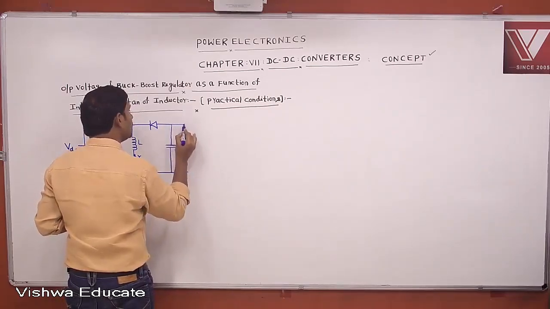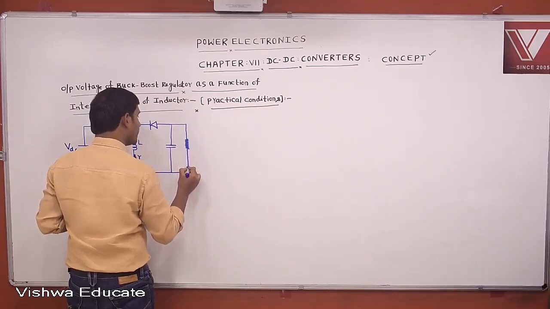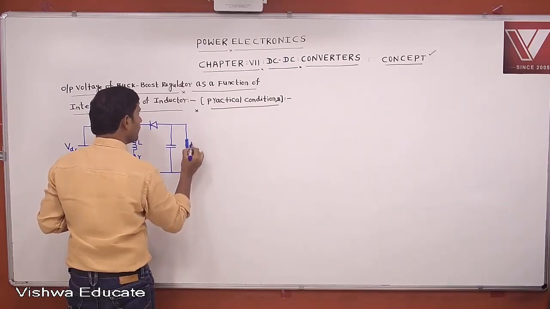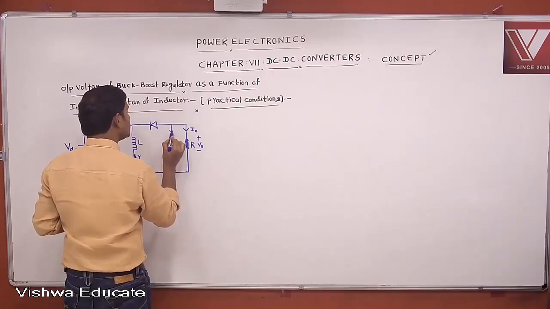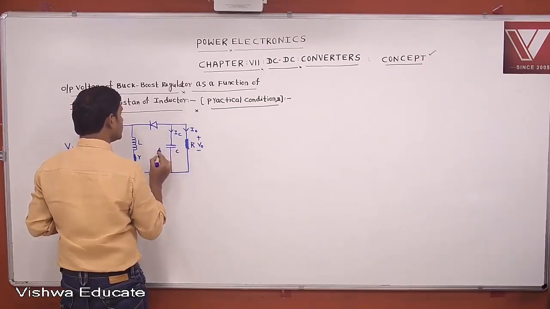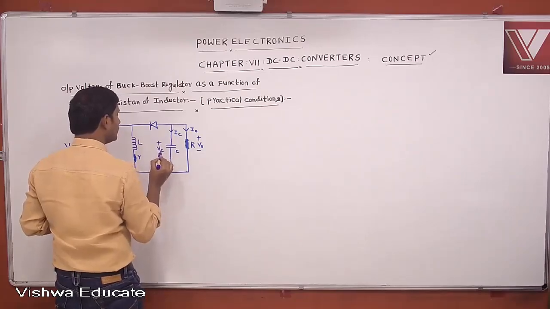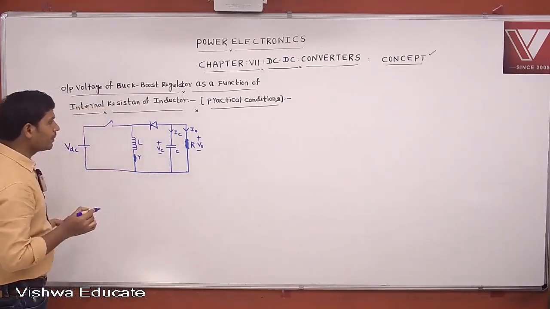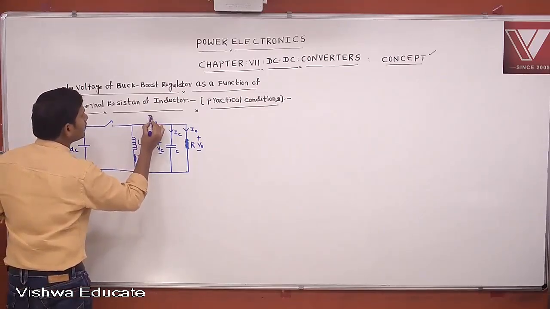Let us assume that it's a resistive load. Positive, negative V0. This is I0. This is IC. This is the capacitance, and the voltage across the capacitor is VC. And this is the diode.